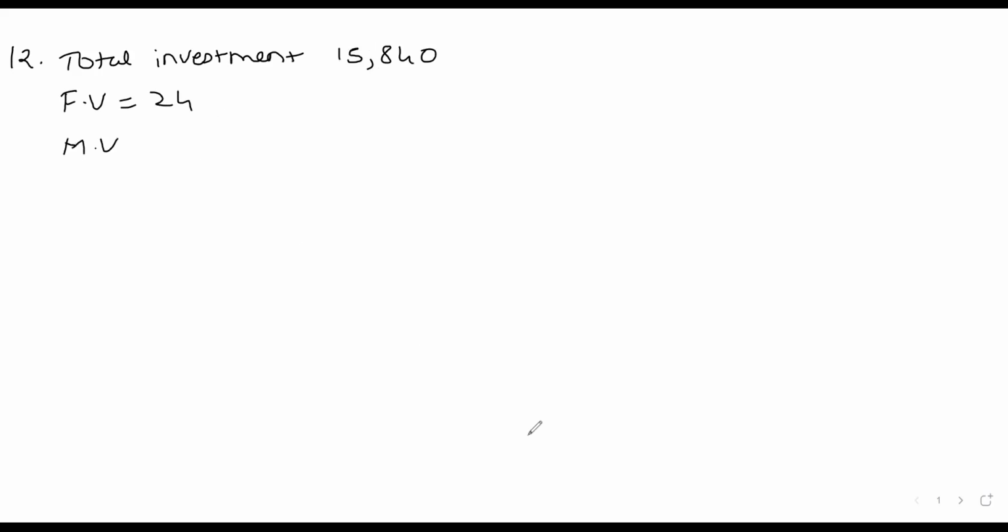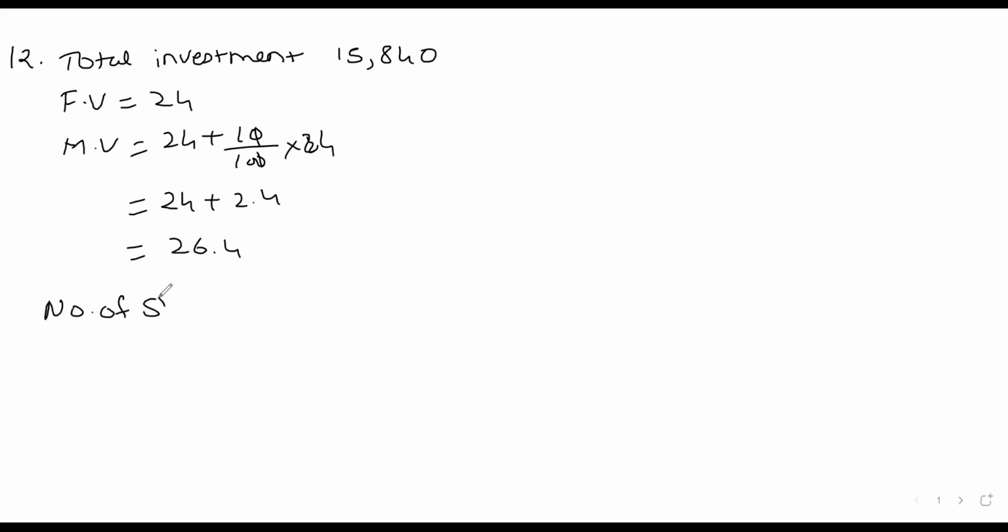Market value is at 10% premium. So 24 ka 10%. 24 plus 10 upon 100 into 24. 24 plus 2.4. That is 26.4. So number of shares will be 15,840 divided by 26.4. Total shares are 600.